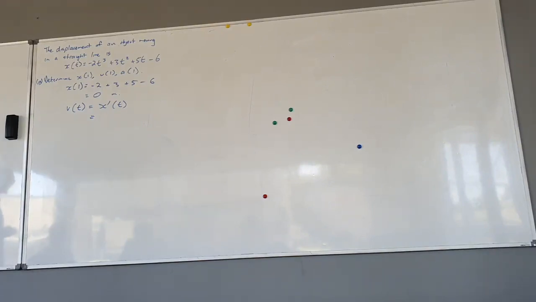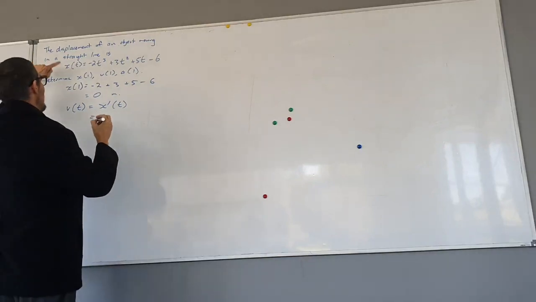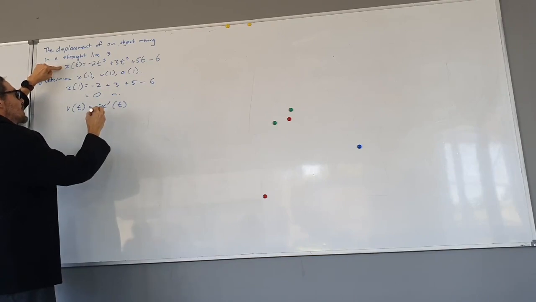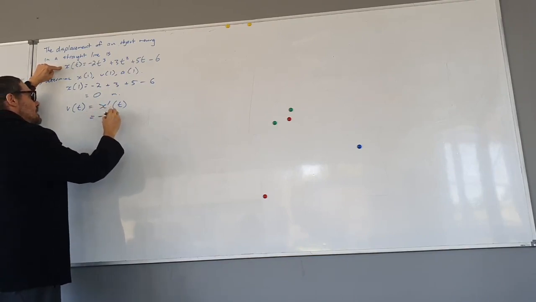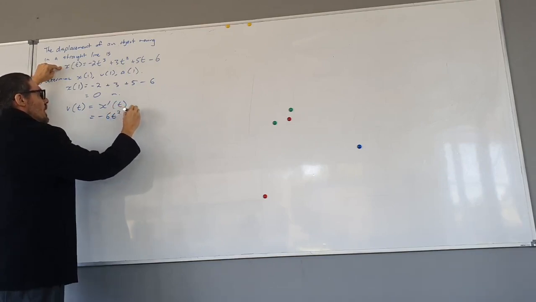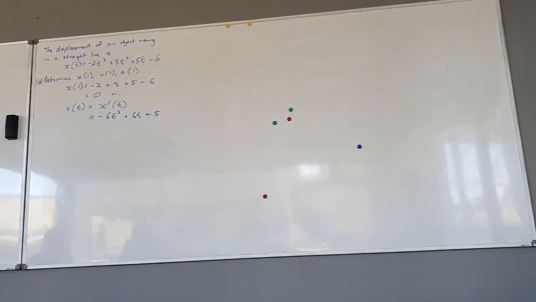Without looking, part B says, what are the other times when the object is at the origin? Oh, so it's cubic. Okay, differentiate. The derivative of this with respect to time is minus 6t squared plus 6t plus 5.